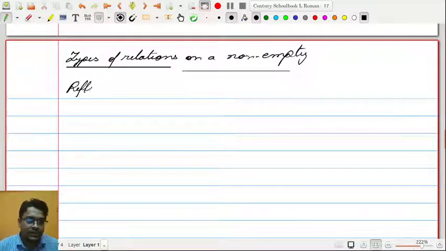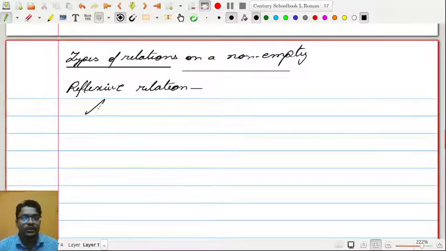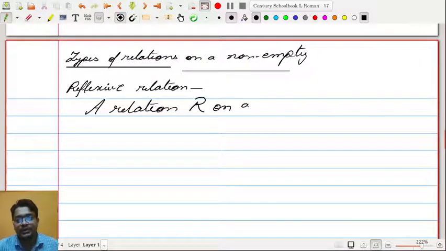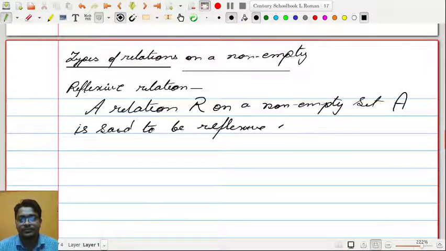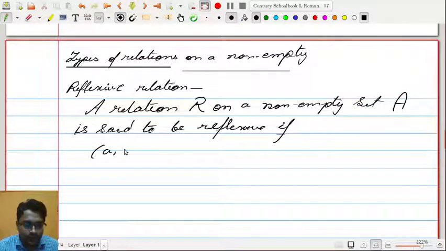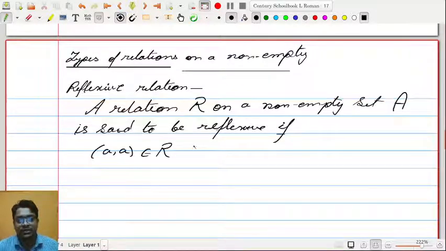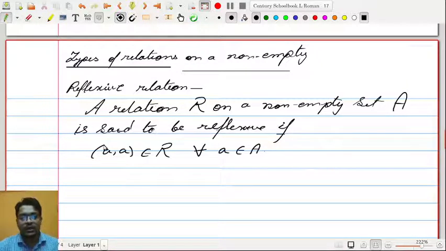First is a reflexive relation. A relation R on a non-empty set capital A is said to be reflexive if the ordered pair (a, a) is an element of the relation for every a inside A. For every element of A, the ordered pair (a, a) is inside R. That means every element is at least related to itself.